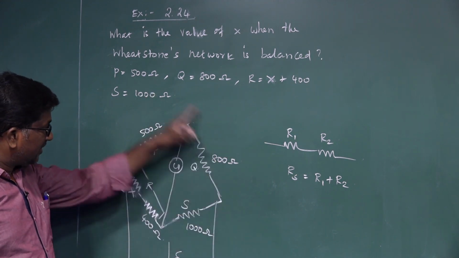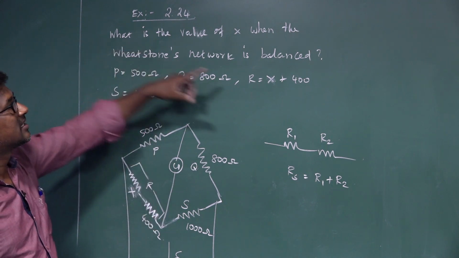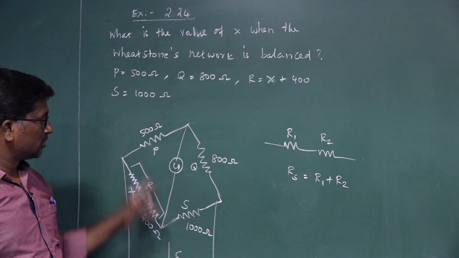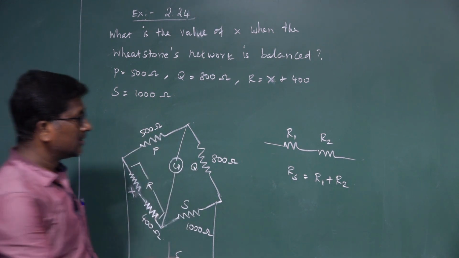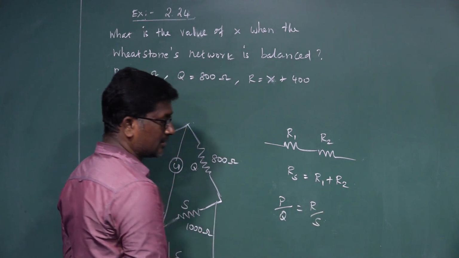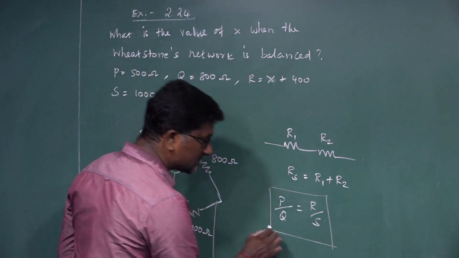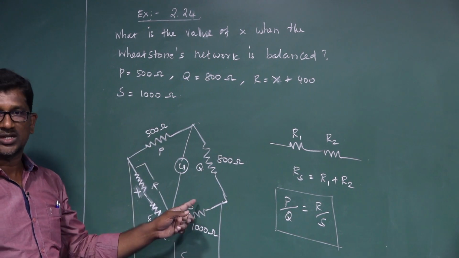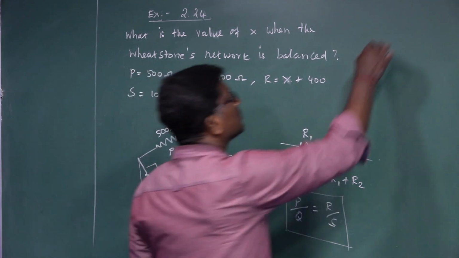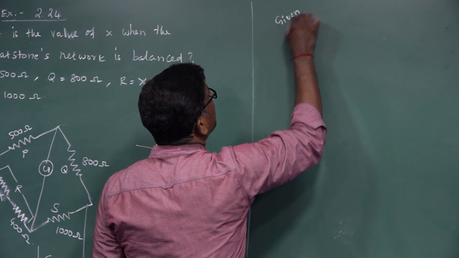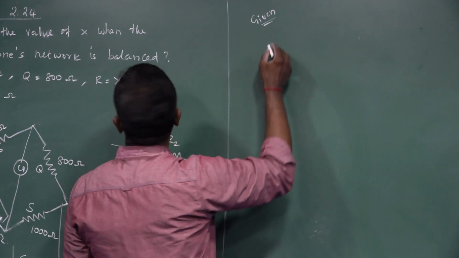Here the Wheatstone network is in a balanced condition. Okay, in the question the Wheatstone network is balanced. So the bridge balance condition is there, that is P divided by Q is equal to R divided by S, right? By using this bridge balance condition, we can find out what is the value of X in this electrical network, right? Okay. So first, we want to write the given values in the given question.